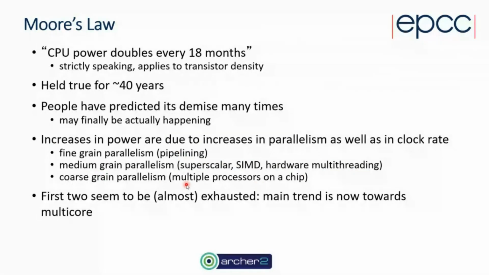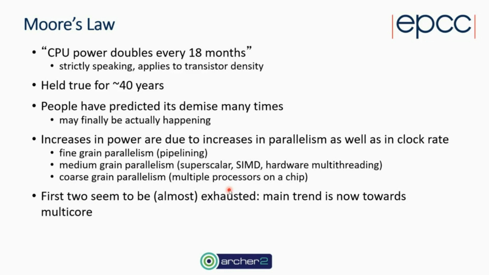And that has helped, but we're reaching limits with that as well. And then actually putting more processors on an individual chip. So that's what we've seen happen over the past 15 years, this move to multi-core processors.